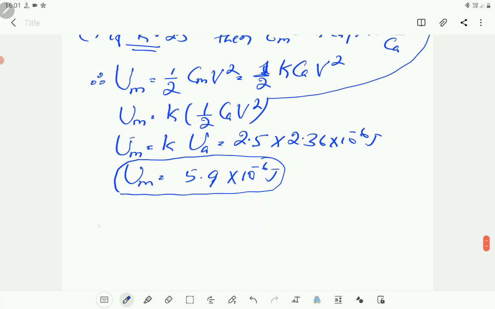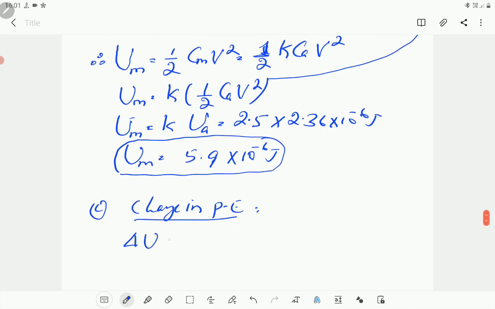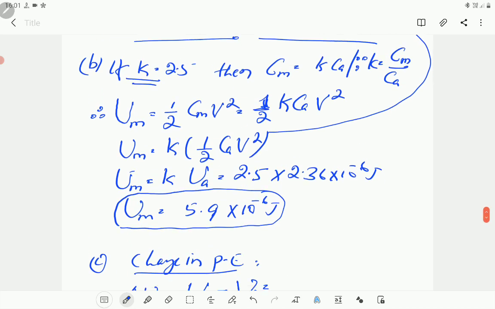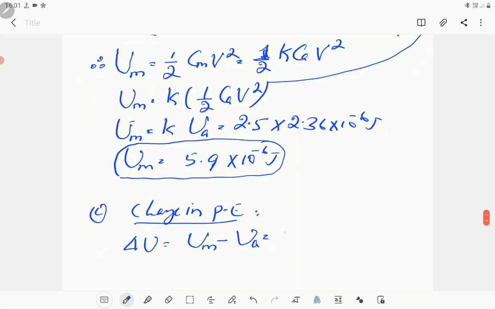Now he wants one more. See, what is change in energy? Change in potential energy, we can write delta U, which is U with medium minus U with air. So U with medium is coming around 5.9 10 to the power minus 6 minus 2.36 10 to the power minus 6.